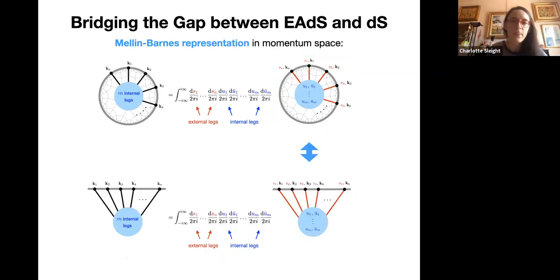So what we found is that by adopting this Mellin representation for boundary correlators in momentum space, this in some ways places their computation on a more equal footing.